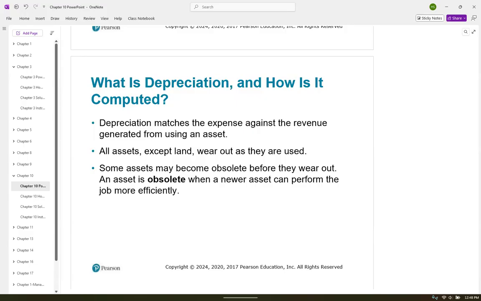Some assets will become obsolete before they wear out. It's not quite as much as it was, but maybe 20 years ago, technology was growing so fast that if you bought a computer one year, it'd almost be obsolete in a year, maybe 2 years.